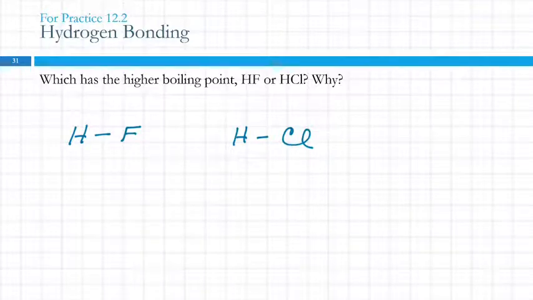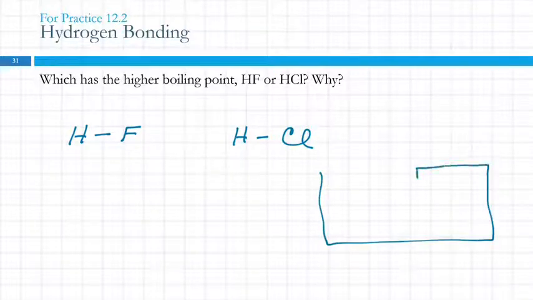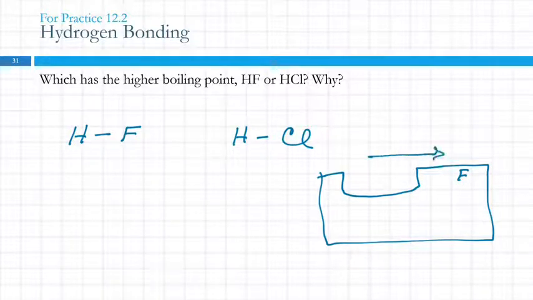So if you don't have a table of electronegativities to look at, I expect you to assume that their electronegativities are different and that these are polar molecules, right? And our general trend of electronegativity is fluorine's over here, and electronegativity gets stronger as you get closer to fluorine.